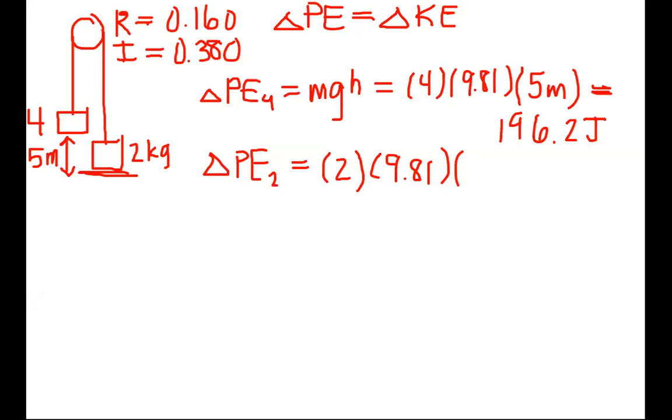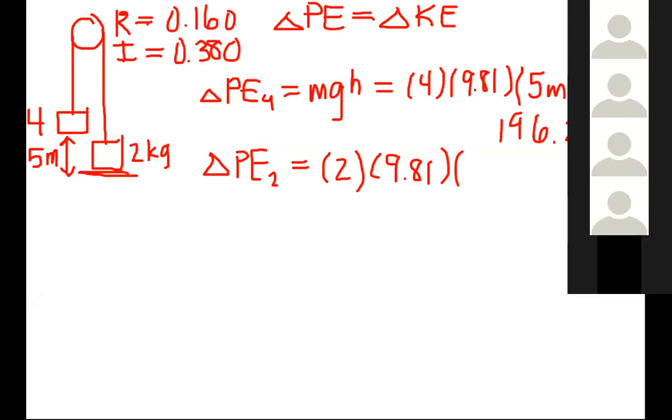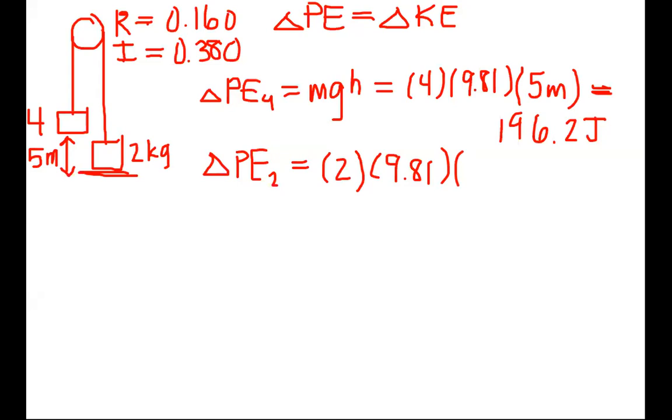So if the 4 kilogram box and effectively the string it's connected to move down 5 meters, then we can assume that the 2 kilogram box must do the same and goes up 5 meters. Exactly. So if there was a positive 5-meter change for the 4 kilogram block, we have a negative 5-meter change for the 2 kilogram, which would give us a change of negative 98.1 joules if we plug that into a calculator.